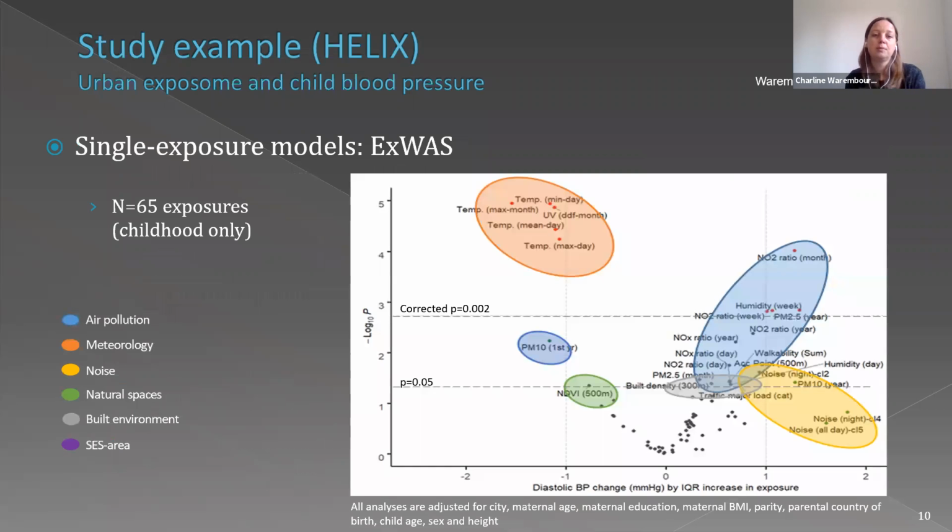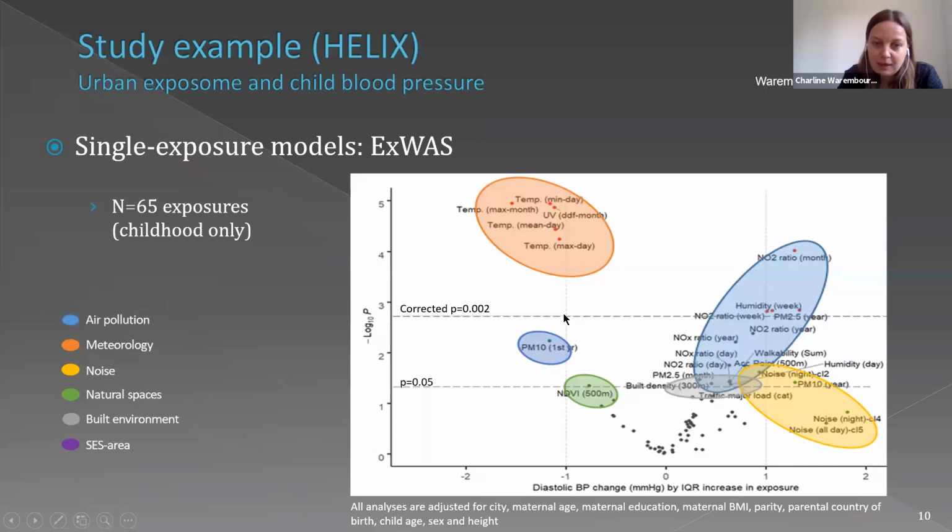So briefly, what we observed using the ExWAS is that higher exposure to air pollution during childhood was associated with higher blood pressure at 4 to 5 years old, while on the opposite, we observed that higher temperature, for example, at the time of the blood pressure assessment, was negatively associated with blood pressure.